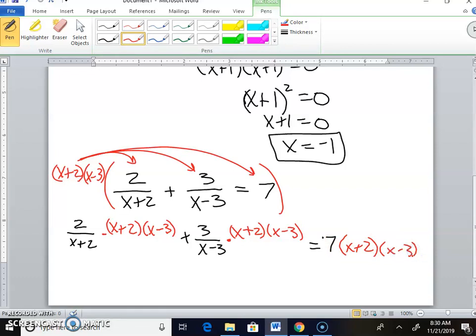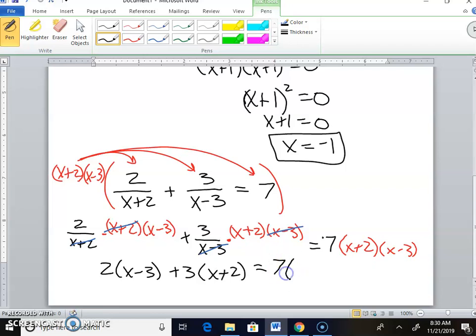Okay, so when I do a problem that looks like this, my x plus 2's would cancel here, and I'd be left with a 2 times x minus 3. My x minus 3's would cancel here, and I'd be left with a positive 3 times x plus 2. And then on the other side, I'd have a 7 times x plus 2 times x minus 3.